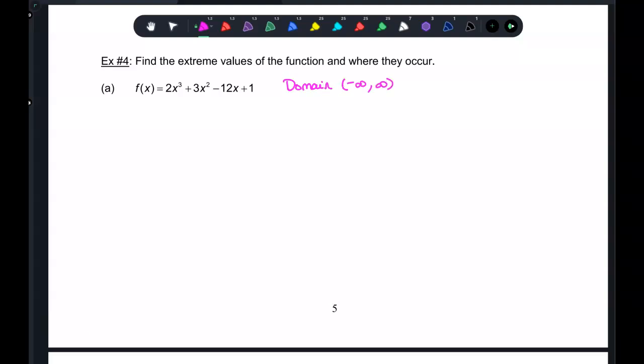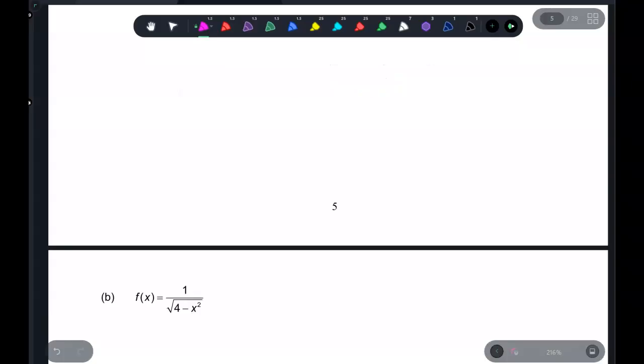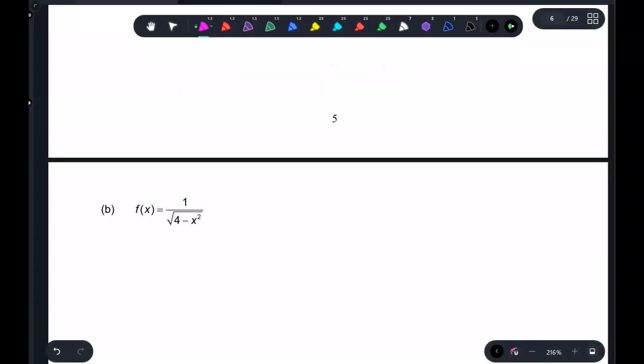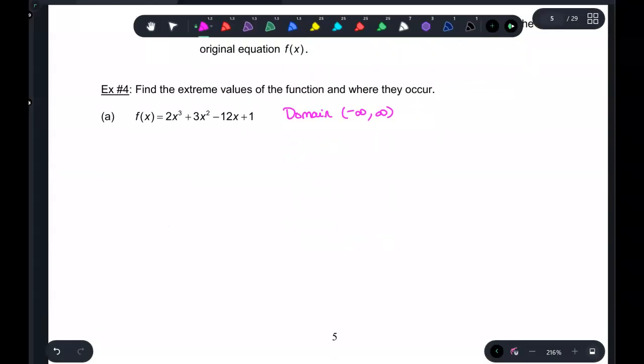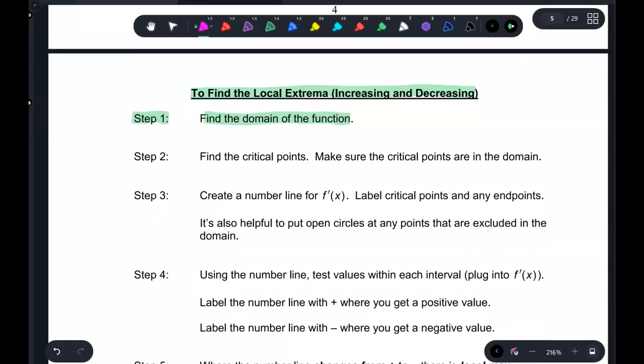I always want you to do this because sometimes the domain is not going to be all reals. If you look at the next page, we're going to have to find a domain. Step 2, the same as previous: find the critical points. Again, make sure the critical points are in the domain.